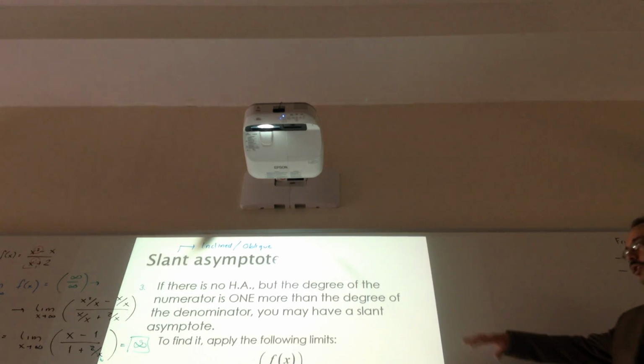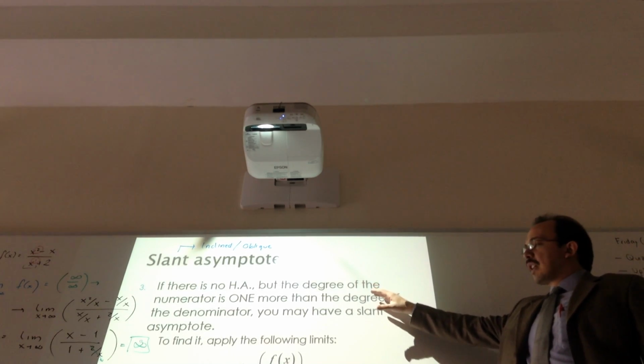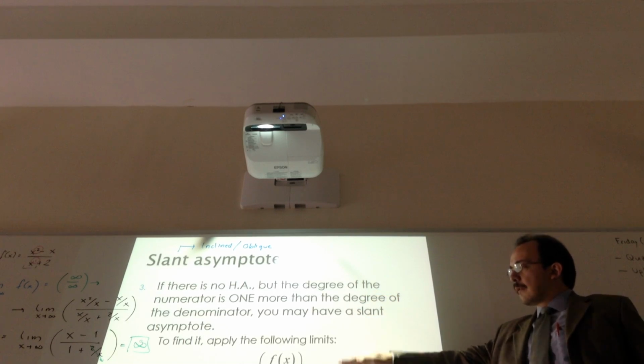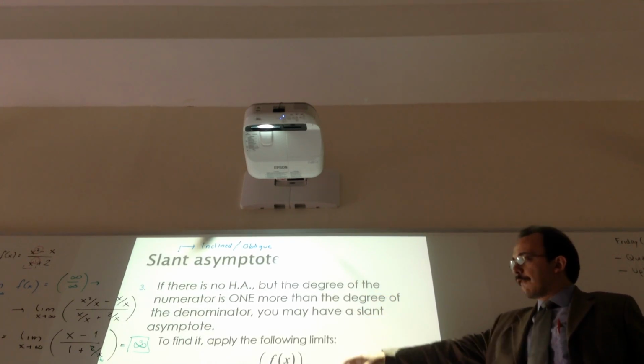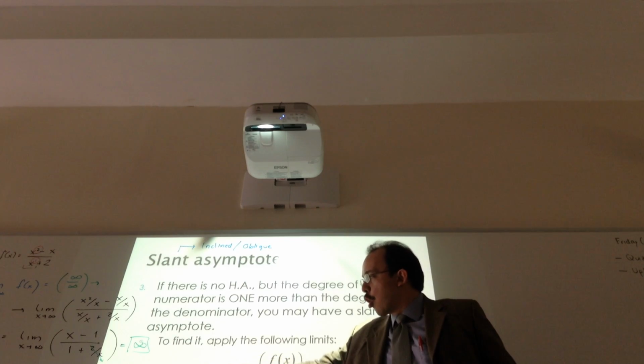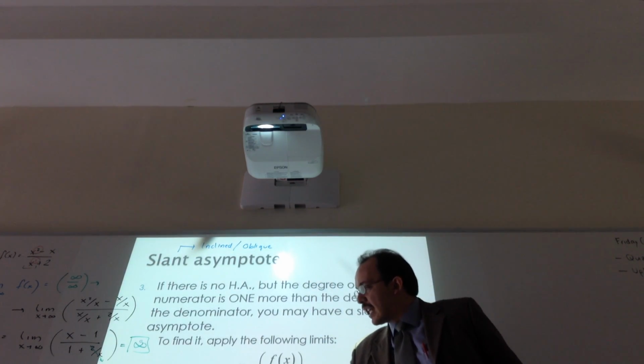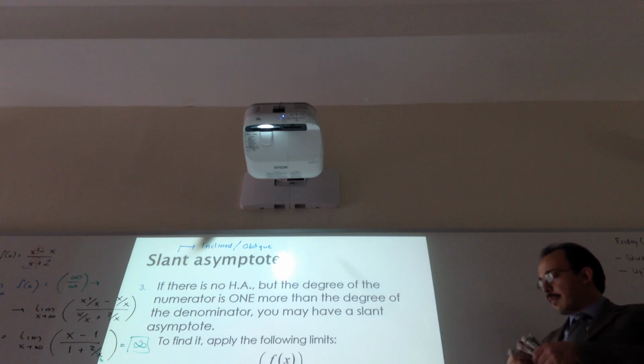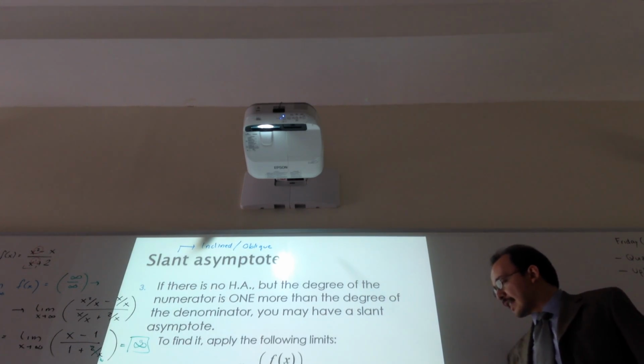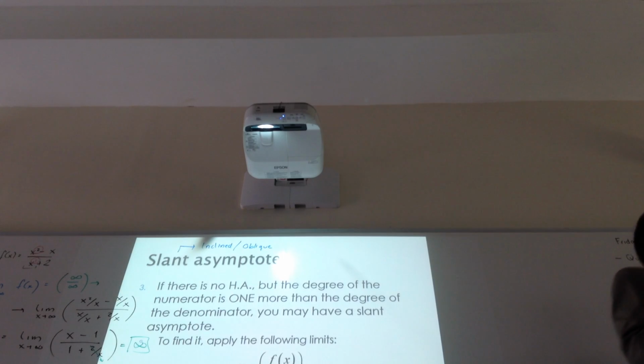Okay. So I know that there's going to be a slant. Now we're going to find it by doing this. The first limit is to find the slope of that asymptote, and the second limit is to find the y-intercept of that. Why? Because the asymptote has the form of a line. You need to find the m, you need to find the b.